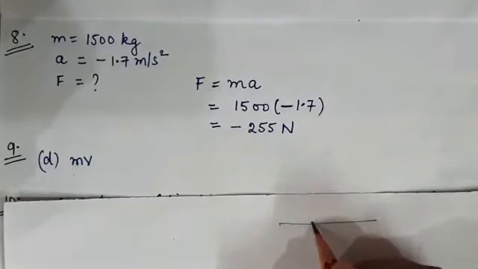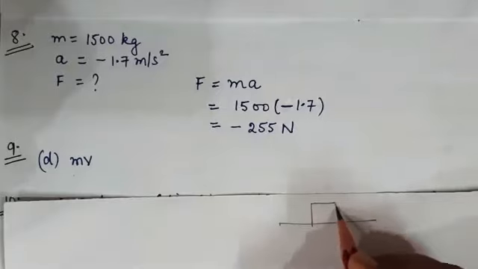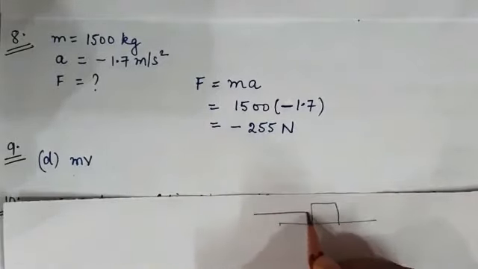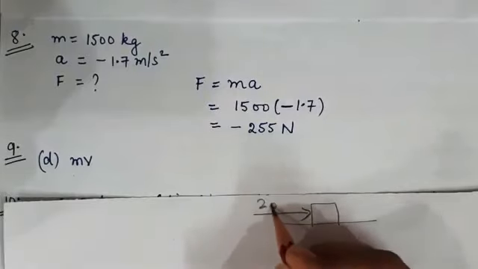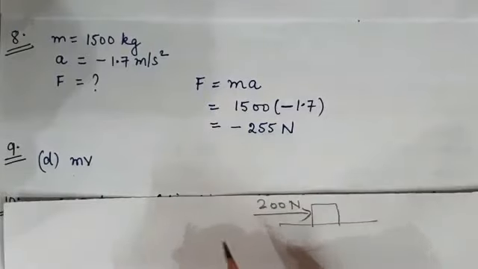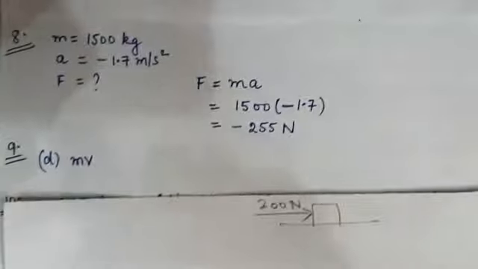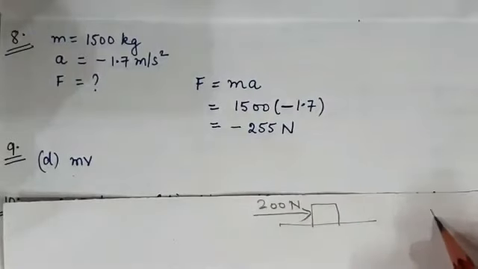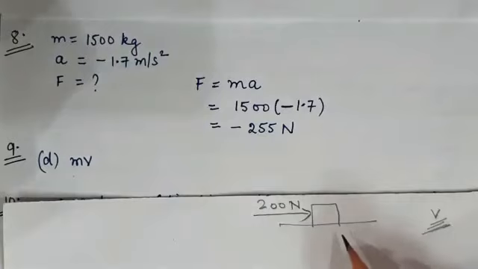This is a cabinet which is placed on a floor. This horizontal force is applied, that is 200 Newton. Now, since this wooden cabinet is moving across the floor with constant velocity, the net force acting on it will be 0.